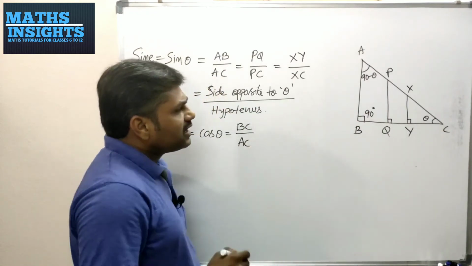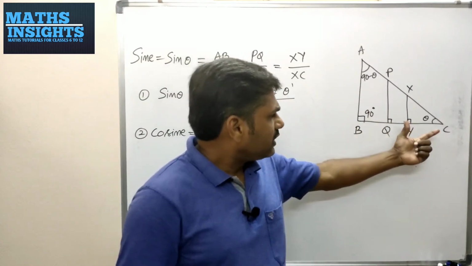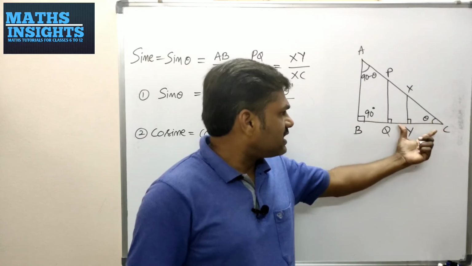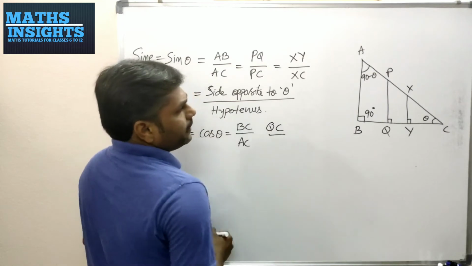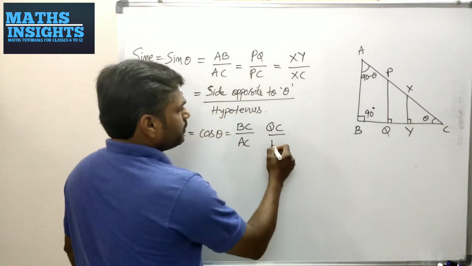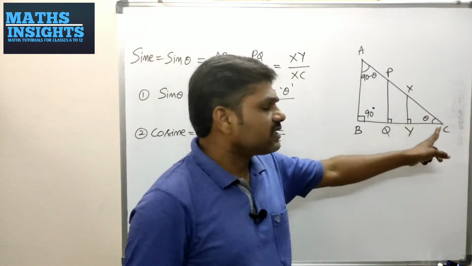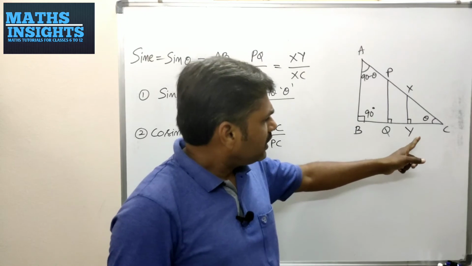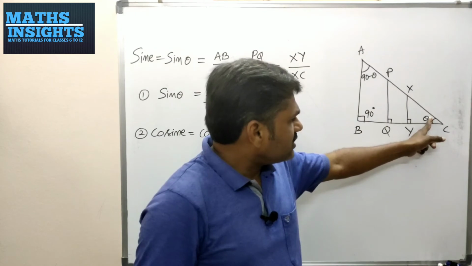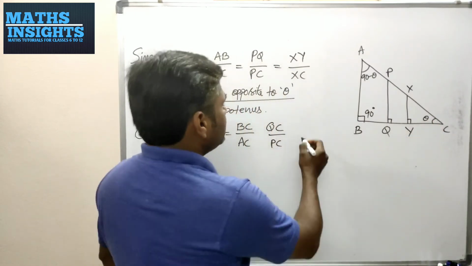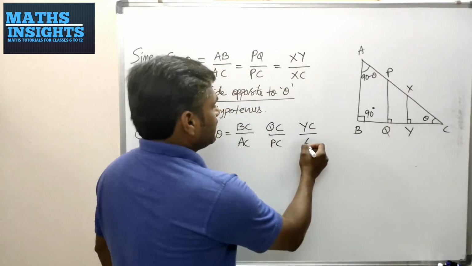And also in the second triangle PQC, I will take the same ratio, that is the ratio of the side adjacent to theta, that means QC, by the hypotenuse, which will become PC. And if you take the triangle XYC, which is also a right angle triangle, in this angle Y is equal to 90 degrees, therefore the side adjacent to theta will become YC by hypotenuse XC.